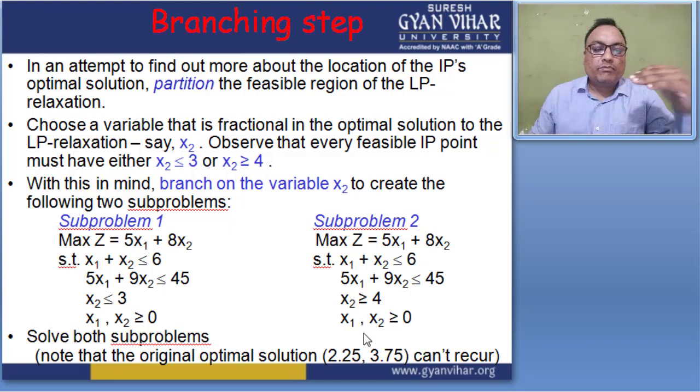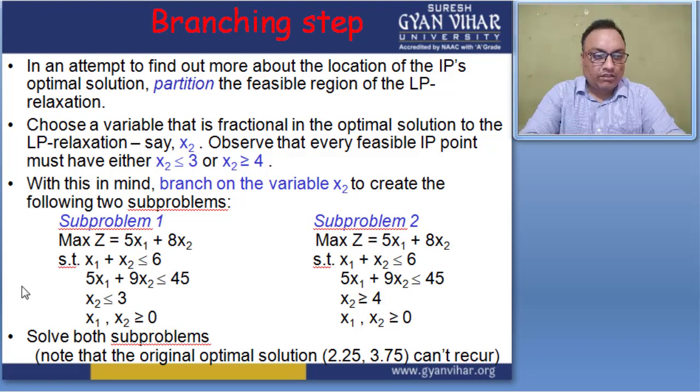This is always must be greater than or equal to 0. We solve both subproblems. For this solution, not the original optimal solution, we consider here 2.25 and 3.75. These are the relaxed solution for this case, right?